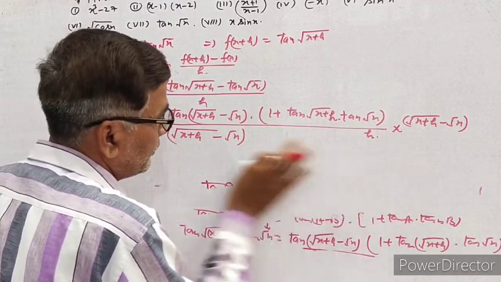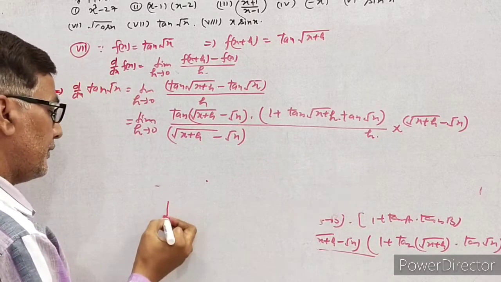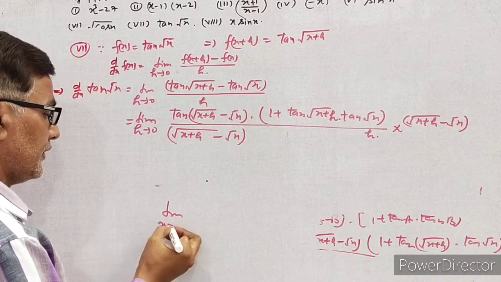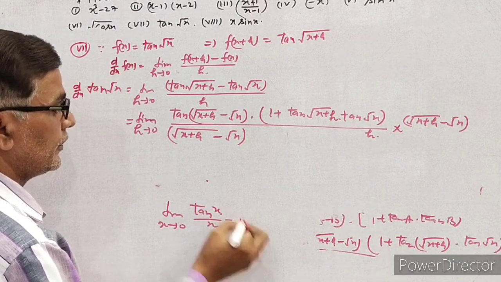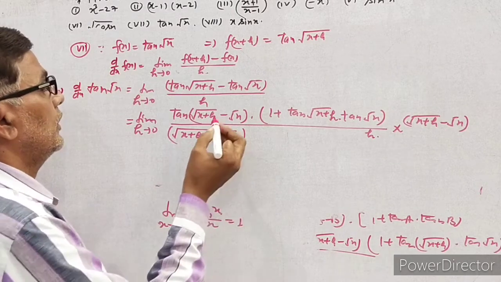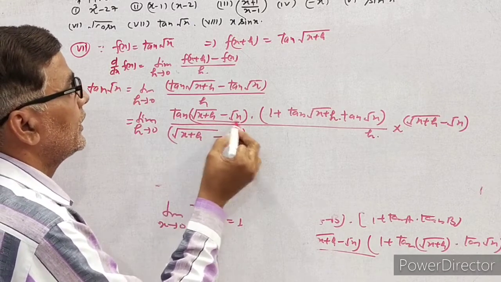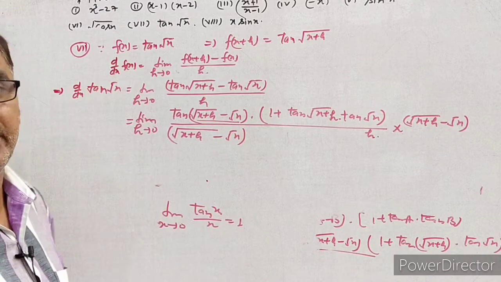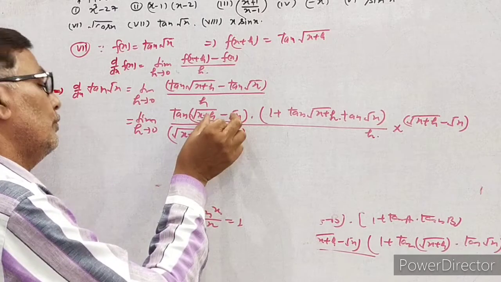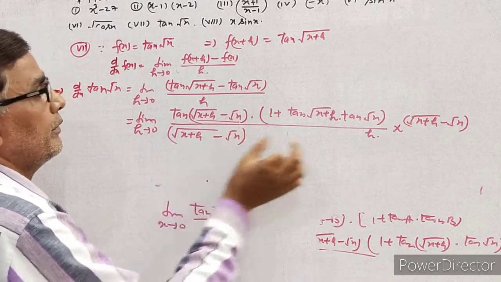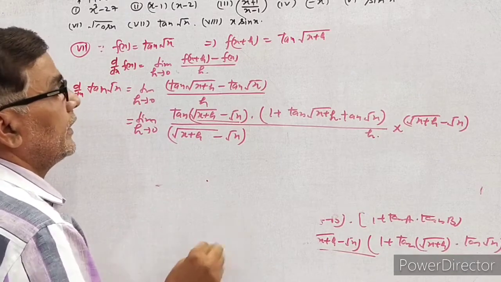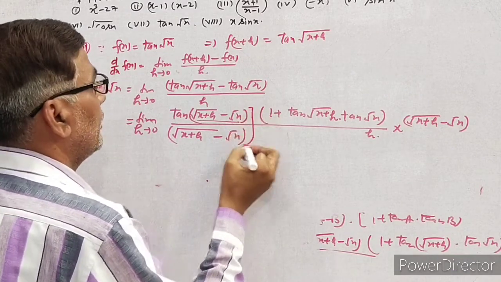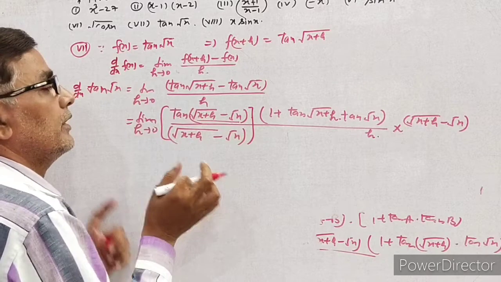As we know, the limit as x approaches 0 of tan x over x is 1. So in place of x we have here root of (x plus h) minus root x. To make this relation, we multiply and divide by the same term. Now the value of this term becomes 1.